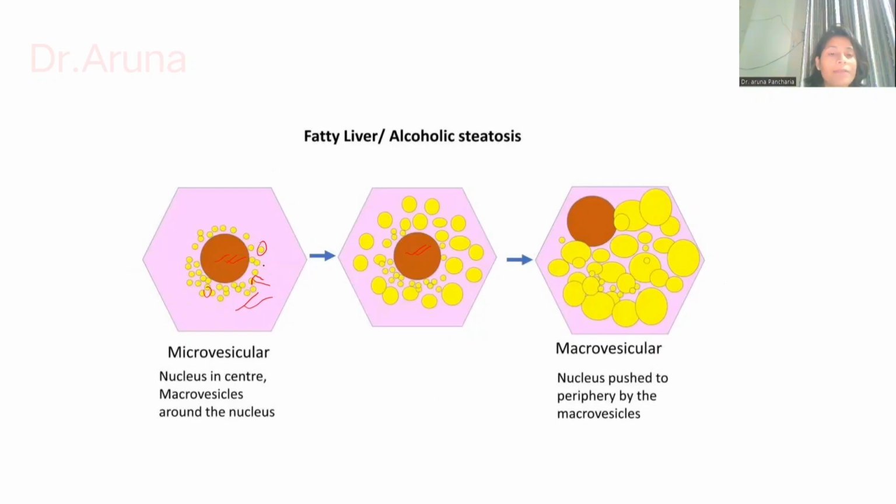The fat is there, but the nucleus of the hepatocyte is still in the center. This is called microvesicular steatosis. And when these cytoplasmic vacuoles or this fat displace the nucleus toward the periphery, this is called macrovesicular. The nucleus is pushed to the periphery. And sometimes all this fat may coalesce together to form a fat cyst.